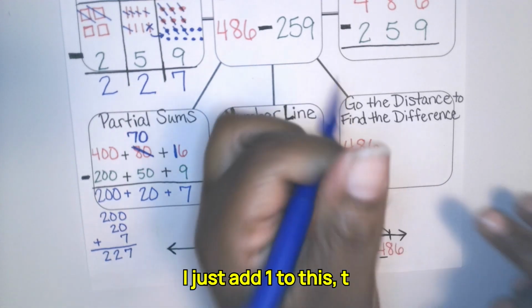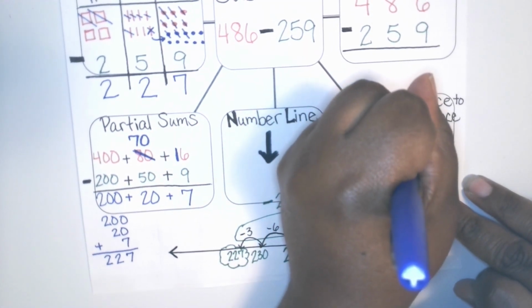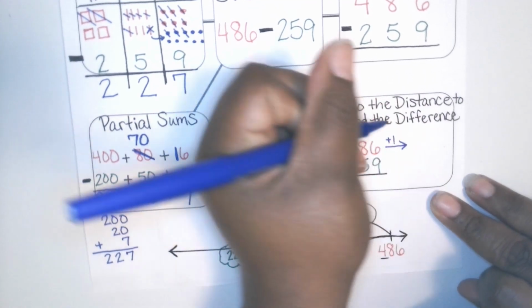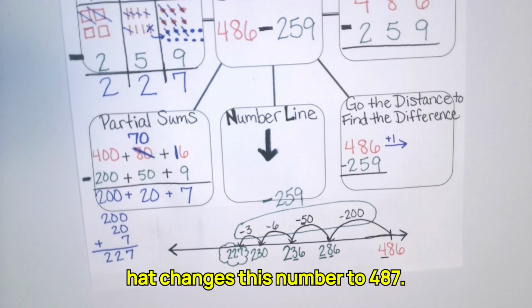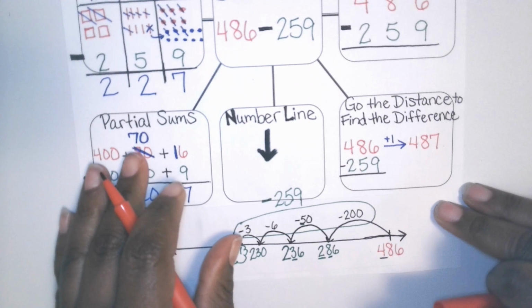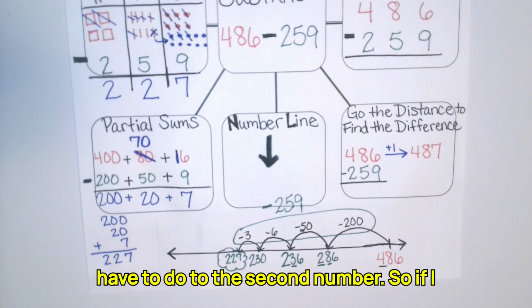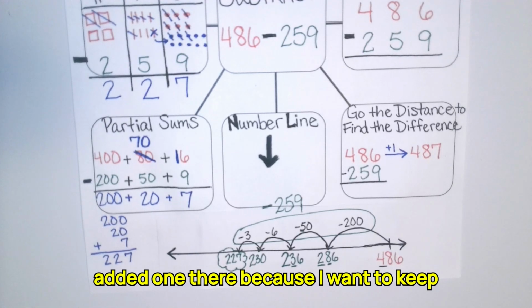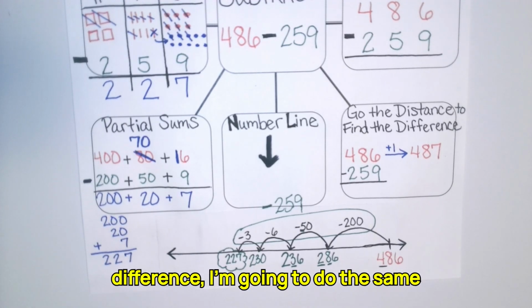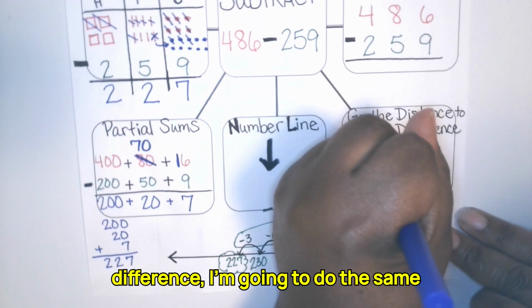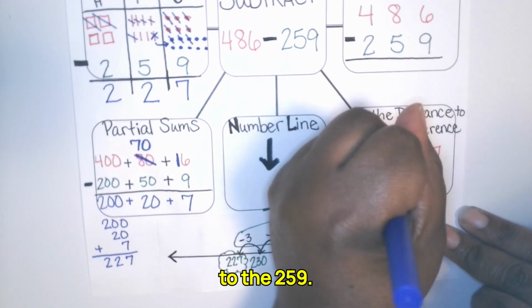If I just add 1 to this, that changes this number to 487. But whatever I do to the first number, I have to do to the second number. So if I added 1 there because I want to keep that same distance and find the difference, I'm going to do the same to the 259.